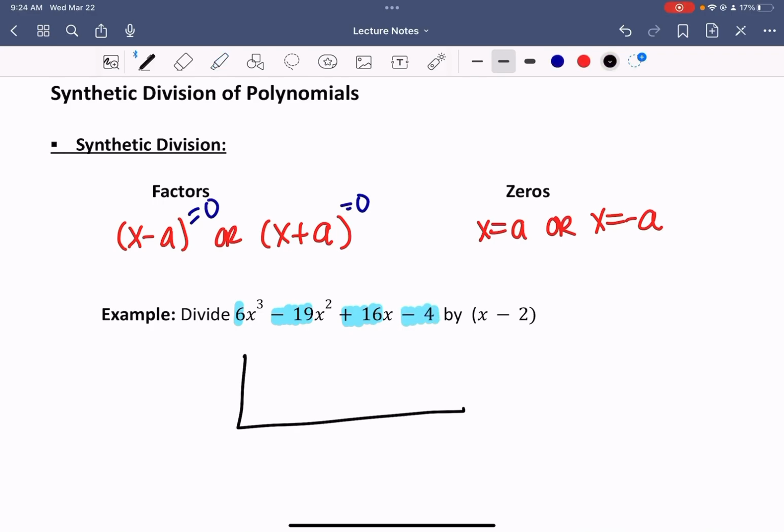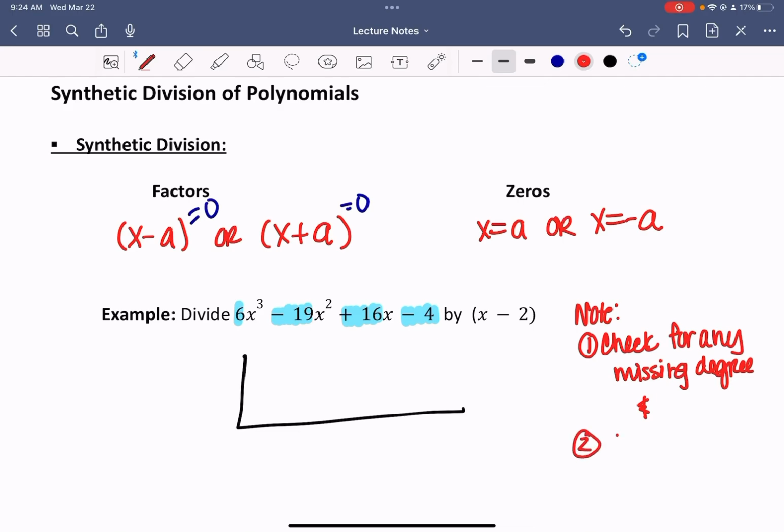But again, let's add this into our notes. Note, two things have to happen. Number 1, you have to check for any missing degrees or terms. And number 2, you have to put them in descending order.